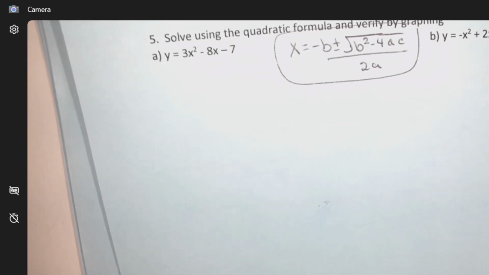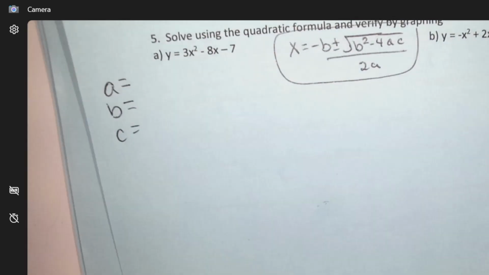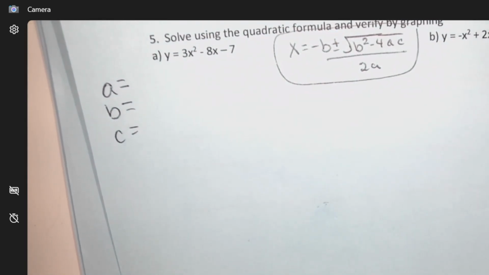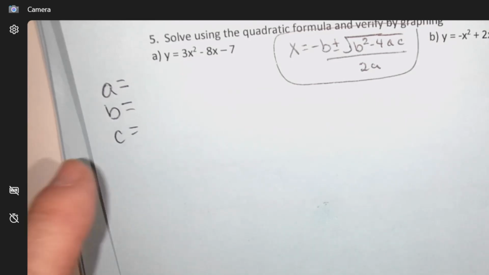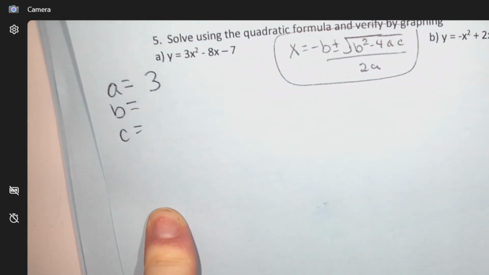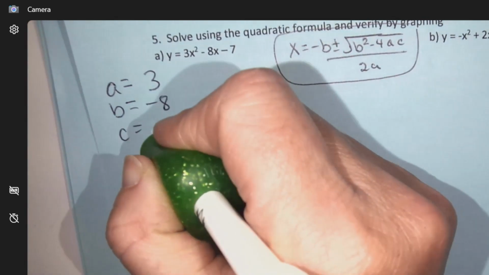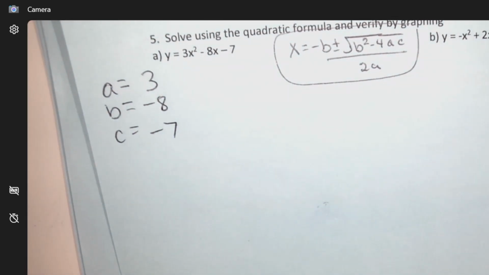We need to make sure we understand what is an A, what is a B, what is a C? A is always how many x squareds you have. B is how many x's you have. And C is the number.